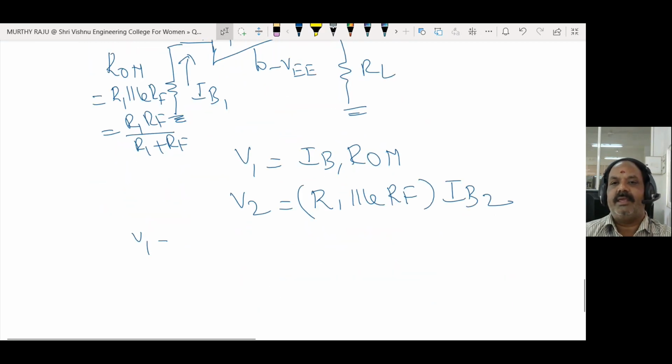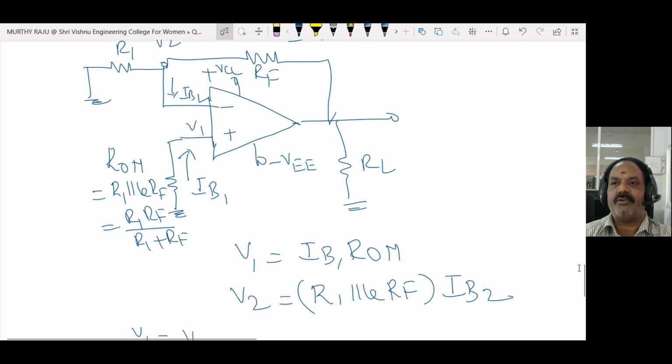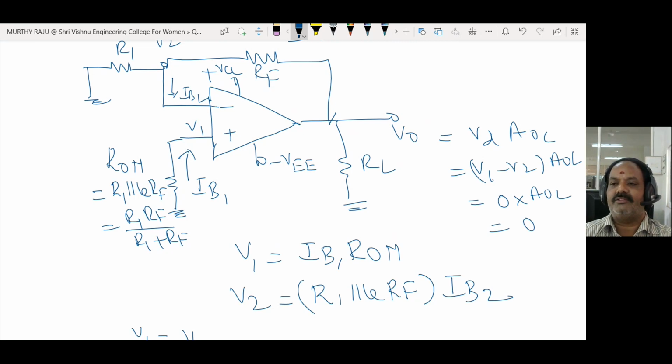V1 must be equal to V2, and V1 must be equal to 0. V0 is equal to VD into the gain of the amp. VD is nothing but V1 minus V2, into AOL. V1 is equal to V2, that is equal to 0 into AOL. Therefore, that offset voltage is 0.